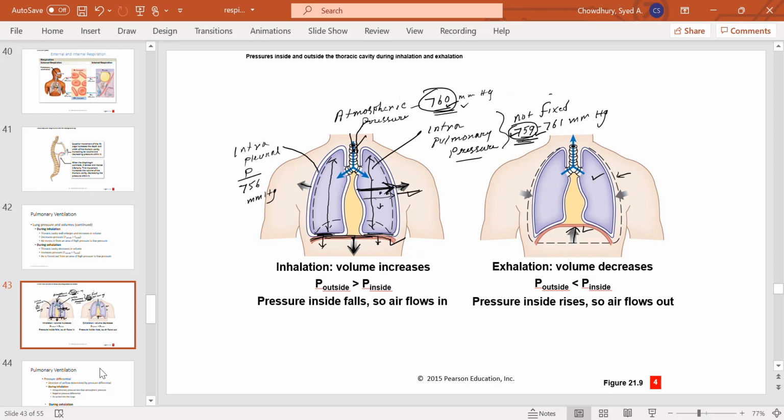So when the pressure is gone, then the lung will recoil, like the elastic thing you use in your clothes. You expand by pressure, but when the pressure is gone, it will go back to its actual size. So that's the recoiling. So the lung will squeeze, so the pressure inside will go up, right? If we squeeze something, the air pressure inside goes up, and that will go up to 761. So when inside is 761, outside is always fixed 760, you have 1 millimeter more here, so that will move the air out. That is the expiration.